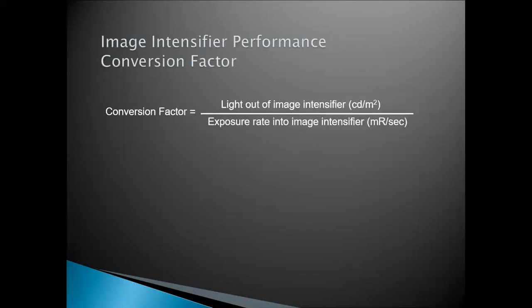We also looked at the conversion factor, which is the luminance of the output phosphor over the exposure rate at the input of the image intensifier. That gives us the conversion factor. It has to be high, but with time it continues to wane because of old age.